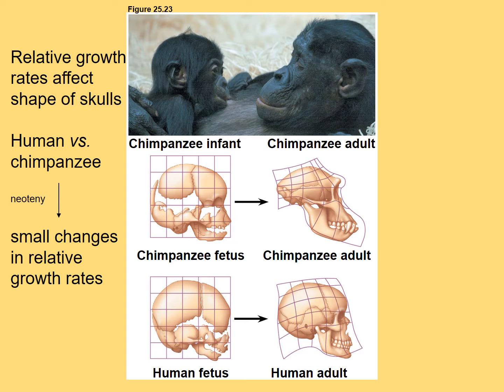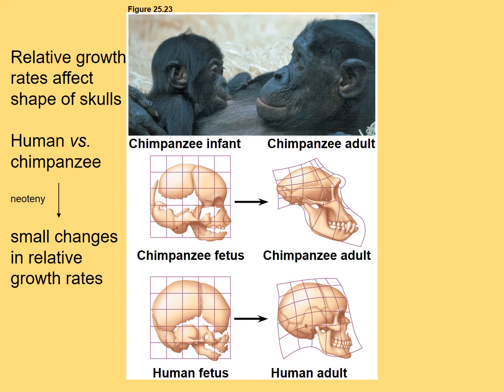If you look at the chimpanzee fetus and the human fetus, the skulls are very similar. The bones within the skull are essentially the same. Now, over the course of development, the chimpanzee's skull case, the brain case, becomes a lot smaller than that of the human.